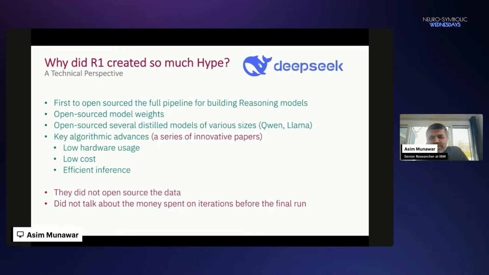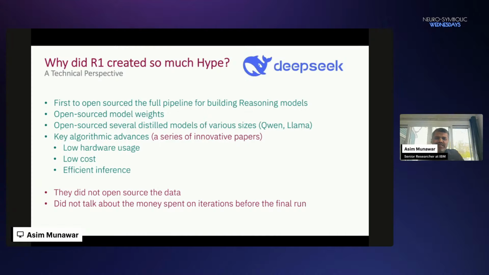But what DeepSeek did, and other than OpenAI O1 there were also Qwen models already available before DeepSeek came into the picture, what made DeepSeek so different was some of the things listed here. It was the first open source, full pipeline for building a reasoning model. O1 did not open source it, Qwen did not, a few others did not open source what they were doing. But DeepSeek R1 decided to open source that, and it got them a lot of traction.